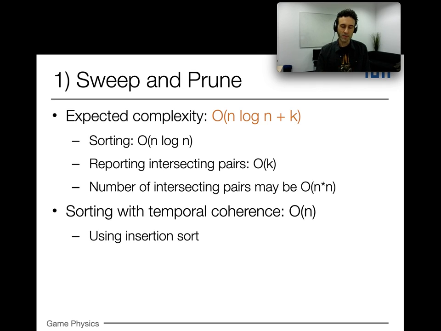There's an insertion sort algorithm for this, so we could reduce the complexity a bit more. But yeah, this is the overall view of the expected performance for the sweep and prune.